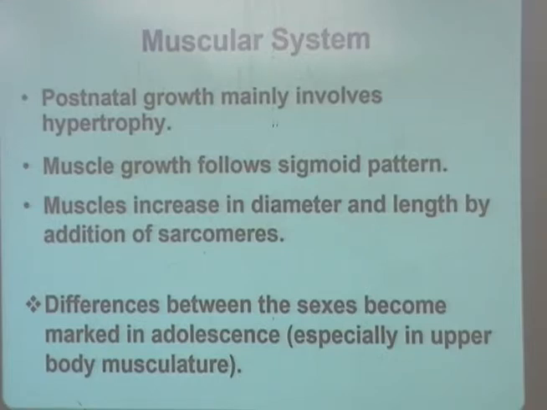Right? So post-puberty, they're not going to be able to keep up. We have to start setting different goals for the girls. They can't throw a ball as far or as hard as a guy can. Not because their muscle is different, just because they don't have as much muscle as a guy. Okay.